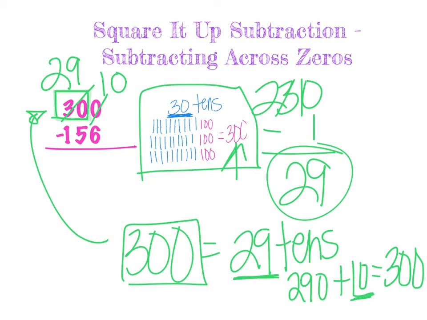They both equal the same number. I want you to relate it to your place value when you had to find more than one way to show a number. This is exactly how we do that. 29 tens plus 10 ones is the same as 300.